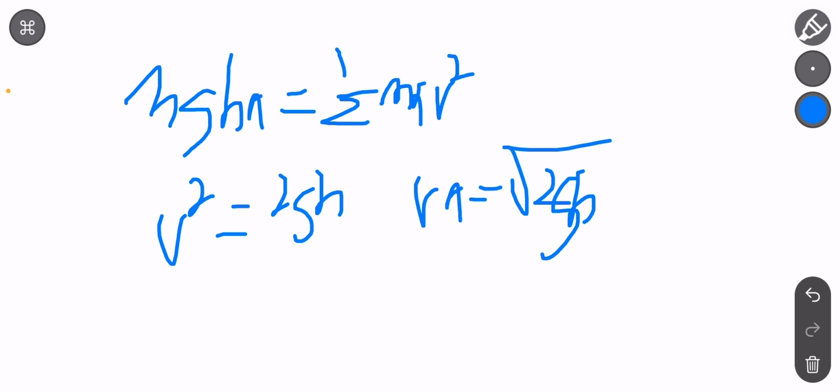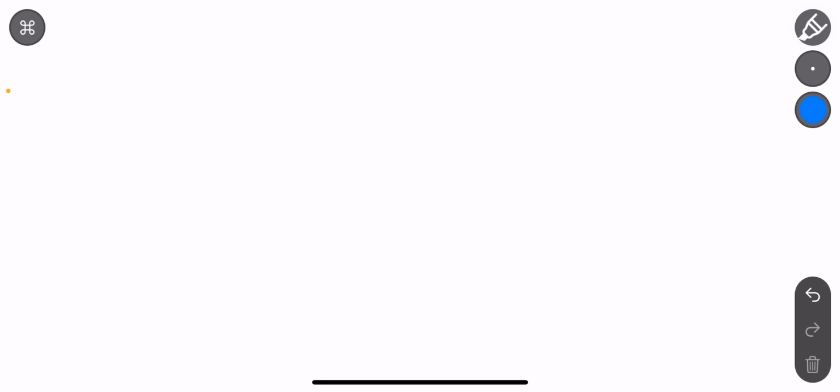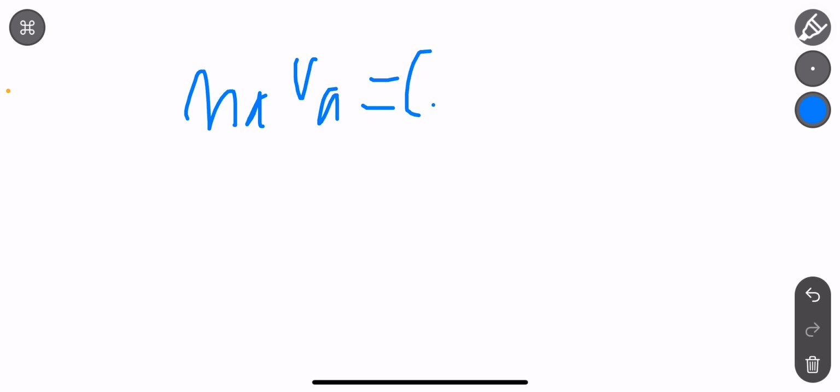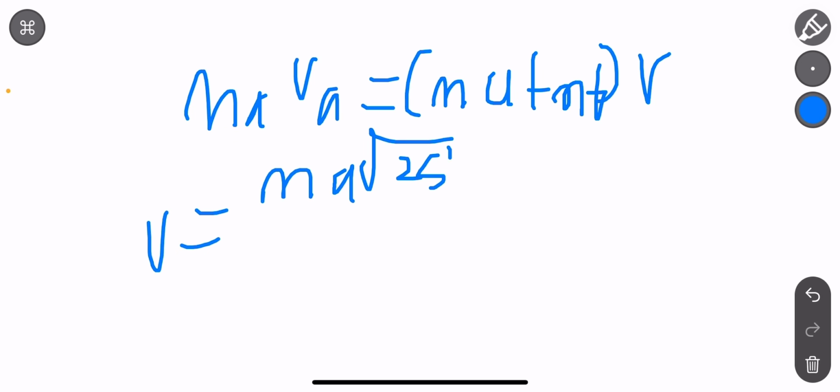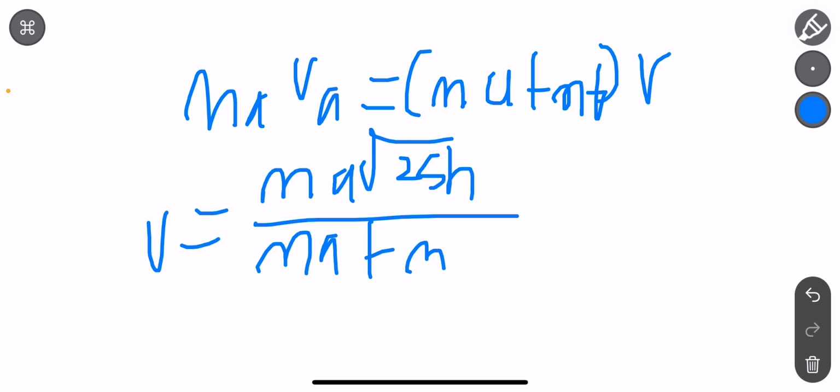We will work this problem of MA VA, and turn it into (MA plus MB) V. Now the V, we can convert this equation into this: MA squared 2gh over (MA plus MB) squared.